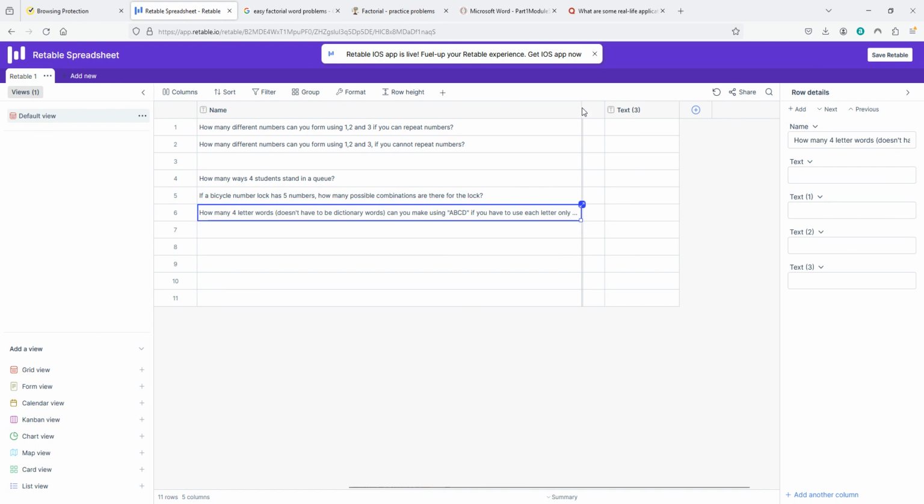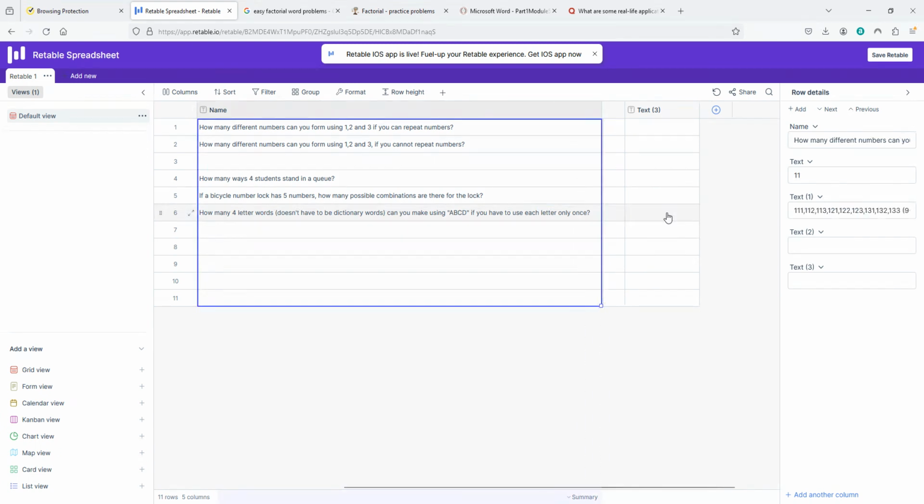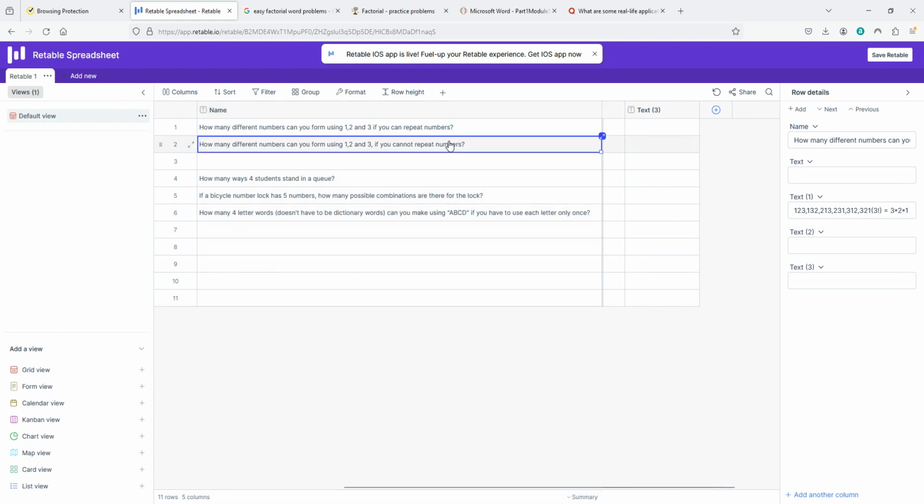Only once. Immediately you can see that only once means it is like the second problem. What they are asking is that you cannot repeat the letters. If you cannot repeat, then immediately what should come to your mind?